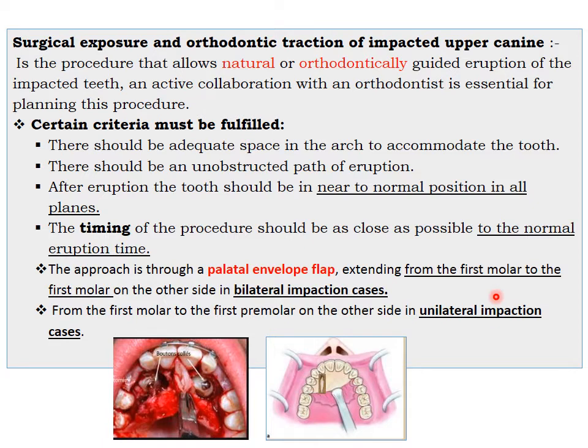They need surgical exposure of an impacted upper canine. This is an important part because it is common, so we are going to discuss it in a little bit of detail: surgical exposure of the impacted upper canine and orthodontic traction of the impacted upper canine.